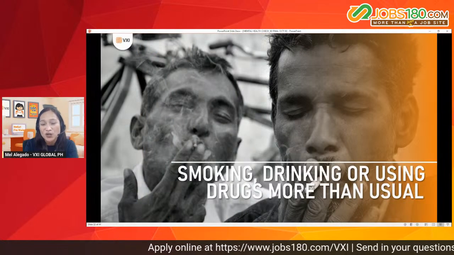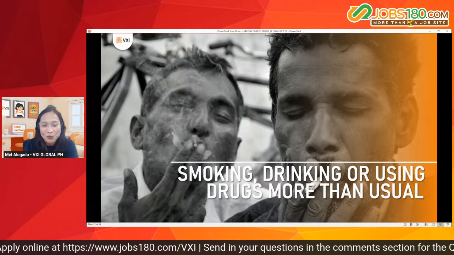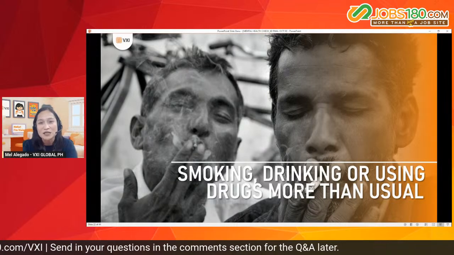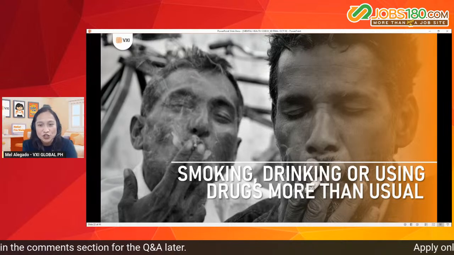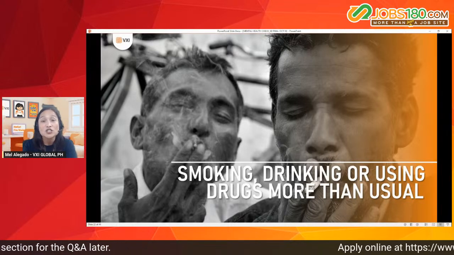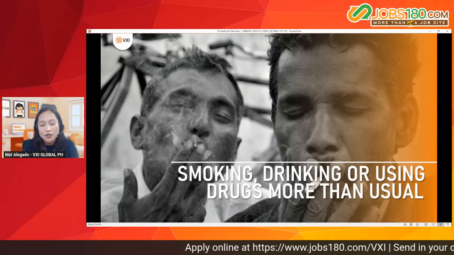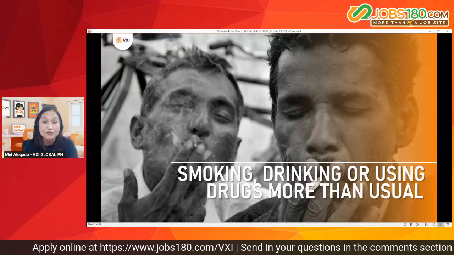Smoking, drinking, or using drugs more than usual. Of course, students here, I hope no one's smoking, or well, if you do, I hope it's not to that extreme level. If you're drinking, I hope it's an occasional drinking only. Drugs are really non-negotiable. So anything that is too much might just be a sign of something different.